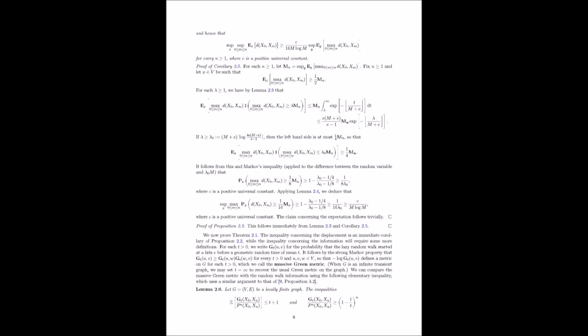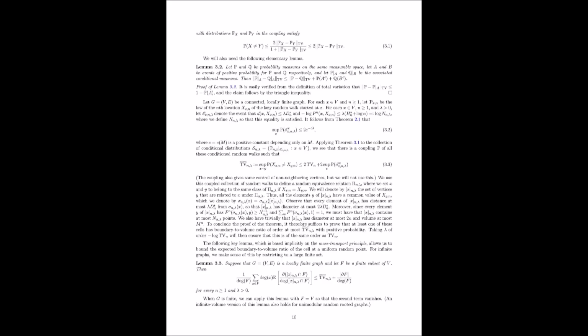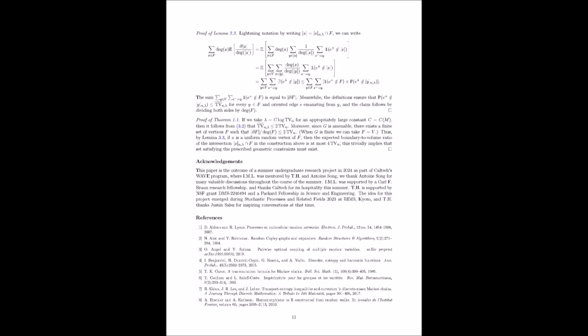And by applying Proposition 2.2 to this massive Green metric, we gain control over how far a random walk can deviate in terms of information content. Gotcha. And this paves the way for the main theorem and all of its powerful applications. This has been an amazing journey through some pretty deep mathematical concepts. It has. And there's still so much more to uncover about the connections between random walks, isoperimetry, and curvature.